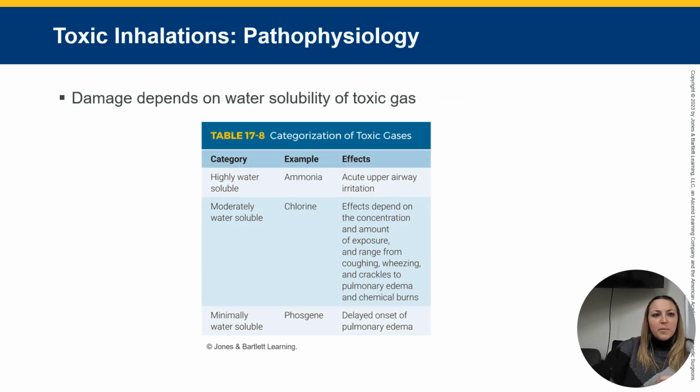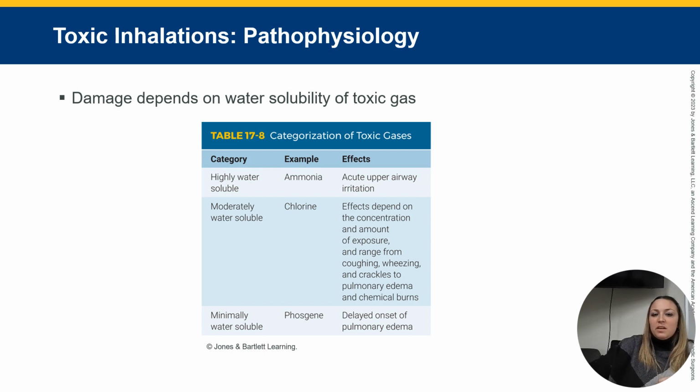There is also, we want to consider toxic inhalation as a cause or as a contributing cause to airway obstructions, airway damage. A lot of what we'll look at and what we'll see, the ones that are toxic to us are those that are really good at dissolving into water. They're highly water soluble, such as ammonia.